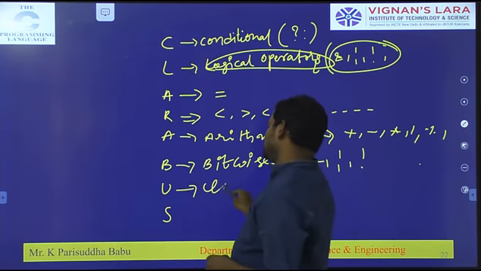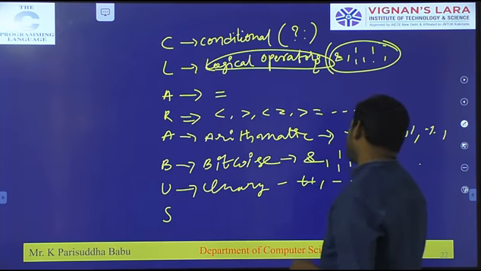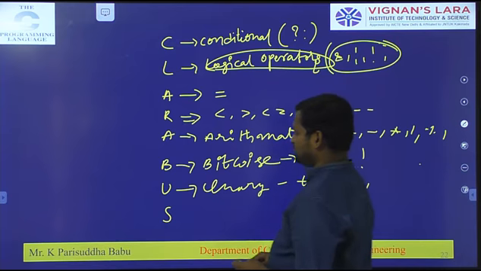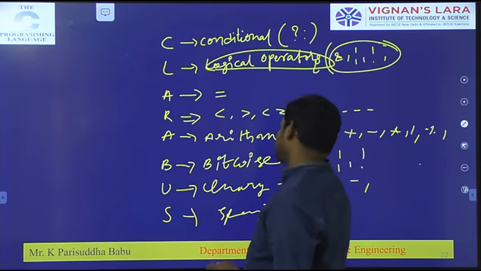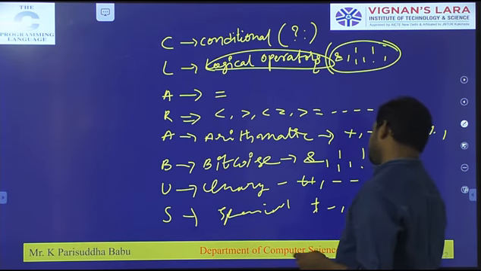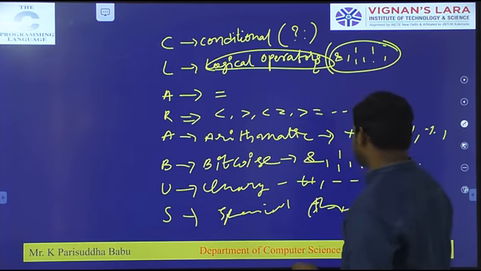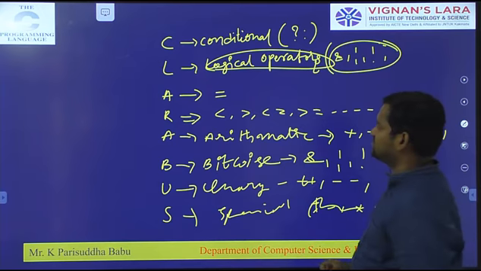Next, unary operators: unary increment and unary decrement. Special operators are comma operator, semicolon, and dot operator; all are special operators.